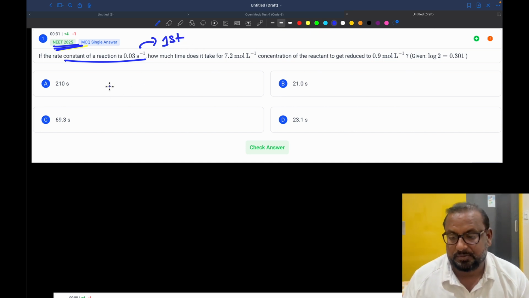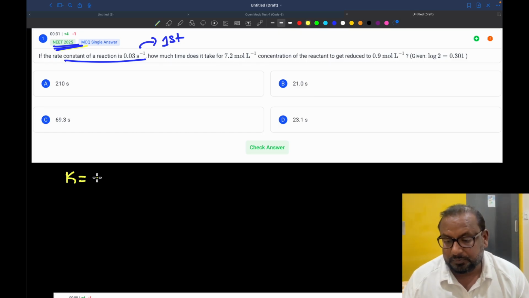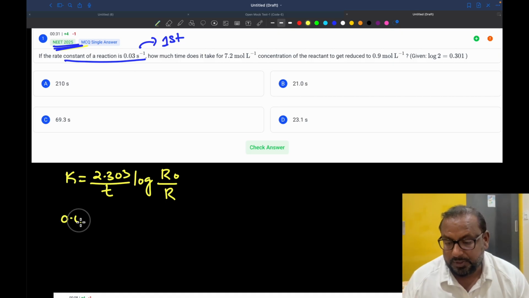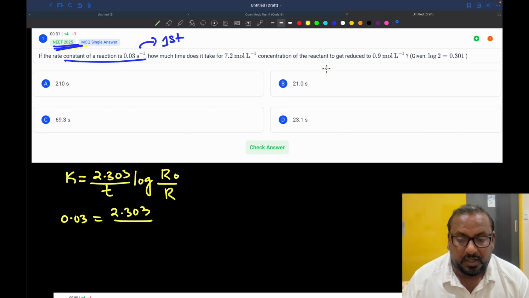So that's confirmed. Therefore, K equals 2.303 over time, times log of R naught by R. K is given to us as 0.03. 2.303 is the constant value, and we are asked to calculate time.